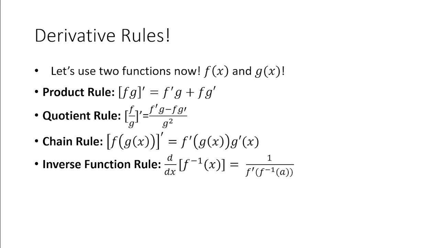And finally, the inverse function rule. Why do I say dgx right here? Because I was fiddling around with this in PowerPoint, and I just can't get it correctly for some reason, so I gave up and had to use the other Leibniz notation.